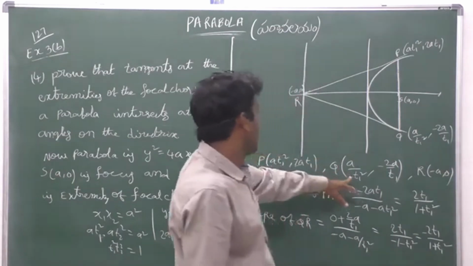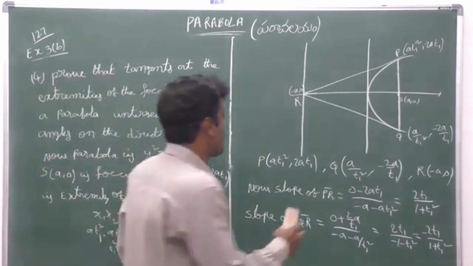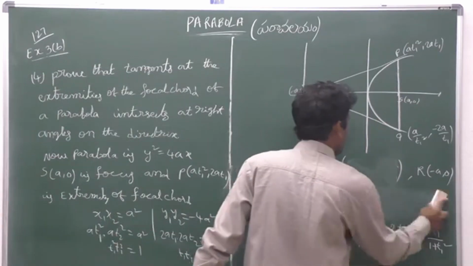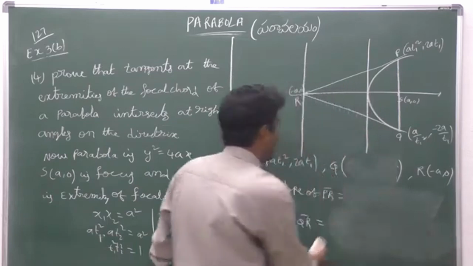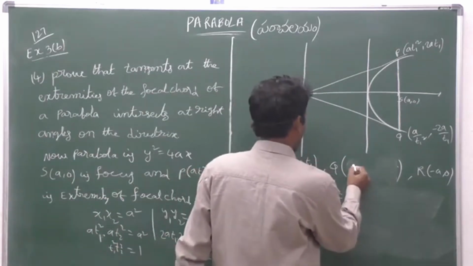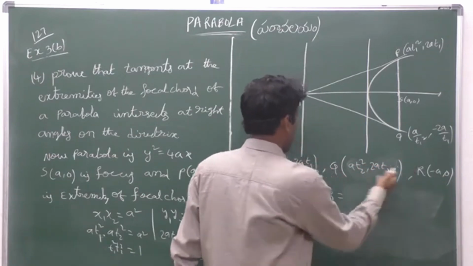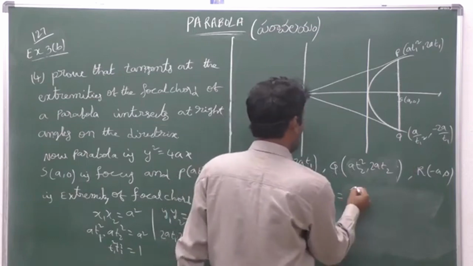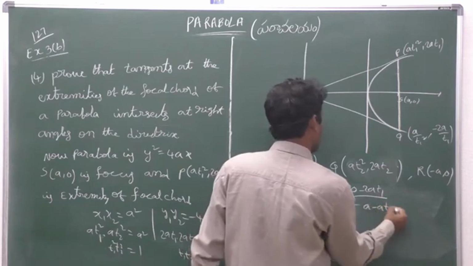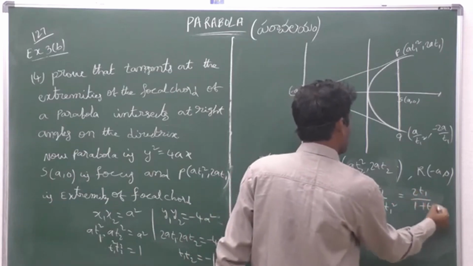Of course, if Q is (at2², 2at2) and P is (at1², 2at1), PR slope is (y2 - y1)/(x2 - x1) = 2at1/(at1² + a), a cancels, 2t1/(1 + t1²).